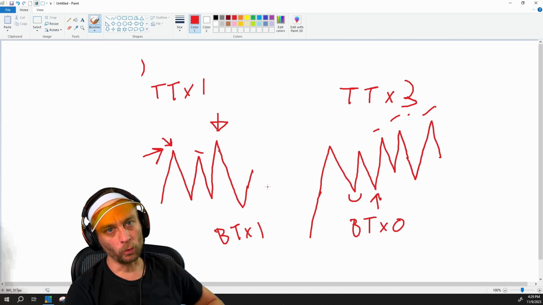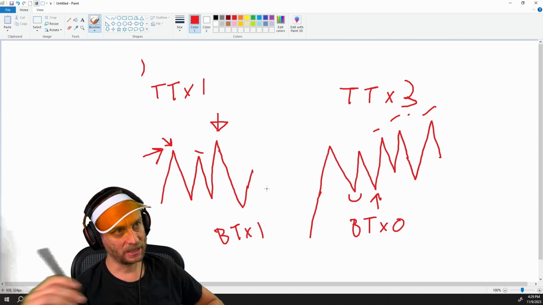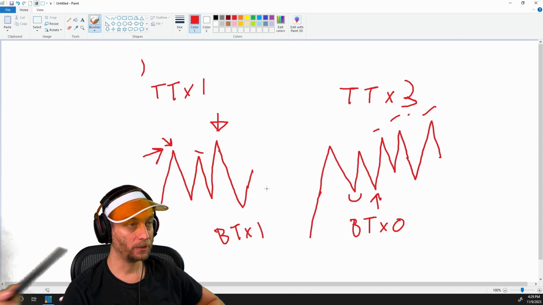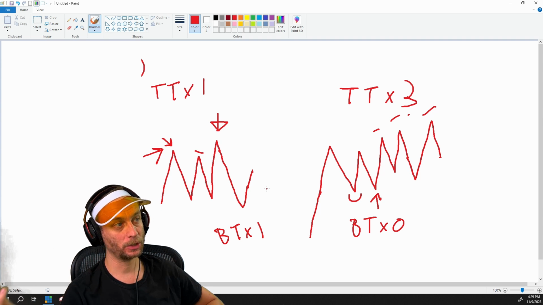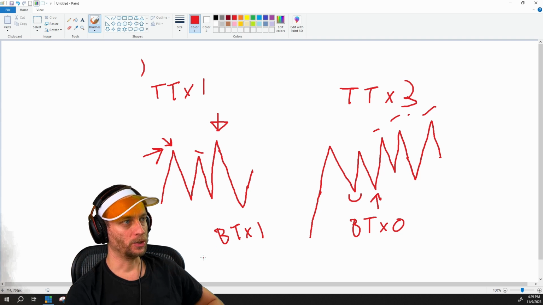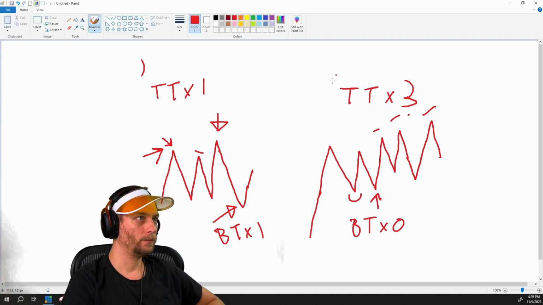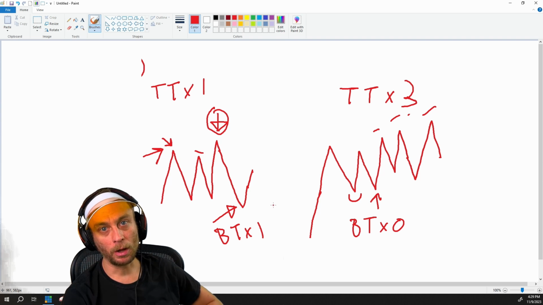So in this specific example, this specific range on the left, what did it do last? If the last thing it did was a bottom tick, then it should go to the other side. If the last thing it did was a top tick, then it should go to the other side. So since this bottom tick here is fresher than the top tick here, then I'm going to be more long biased.